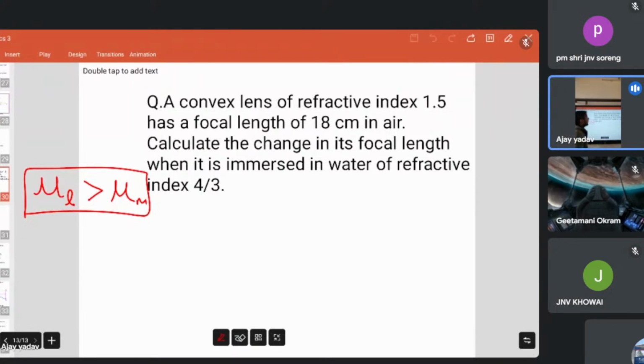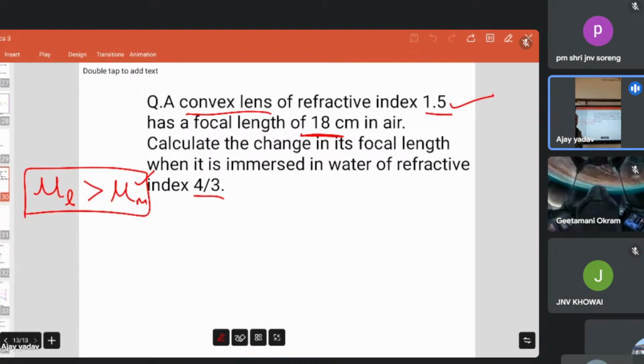For example, here the refractive index of the convex lens is 1.5 and that of the medium is 4 by 3. So the lens index is greater than the medium index. Here the focal length of a convex lens is positive.